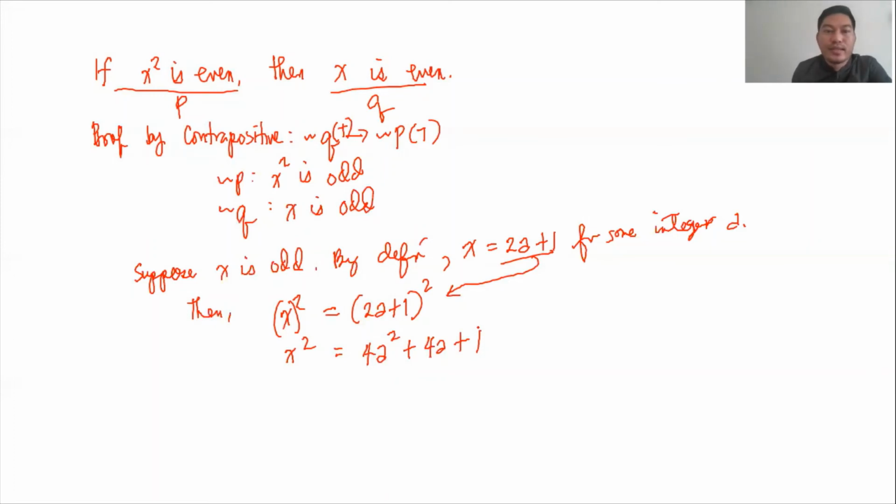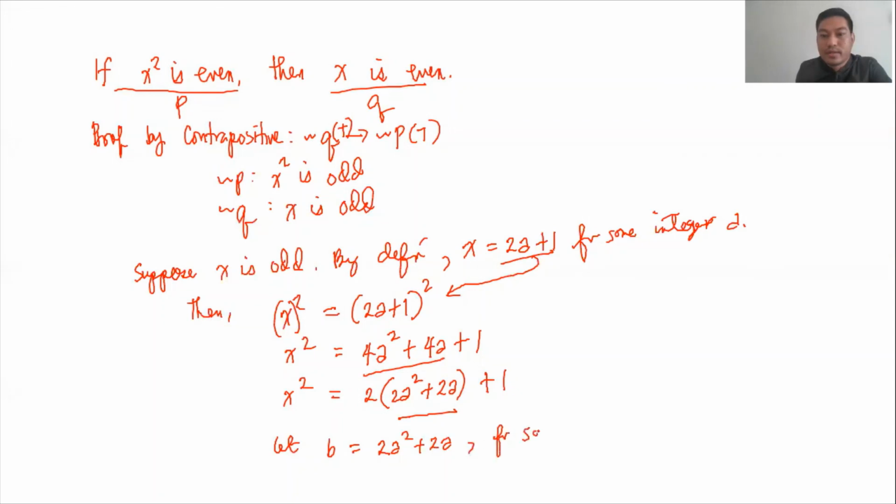Now, we want to show that it's odd, so we need it in the form 2 times something plus 1. We can have x squared equal to 2 times (2a squared plus 2a) plus 1. Then we let b be equal to 2a squared plus 2a, for some integer b.